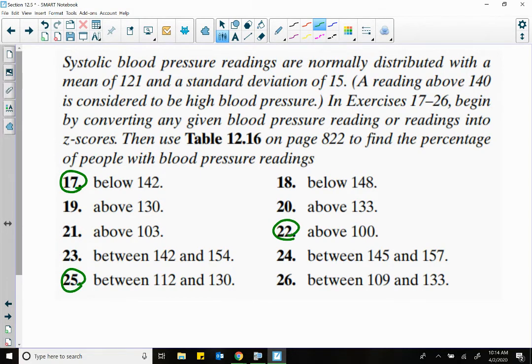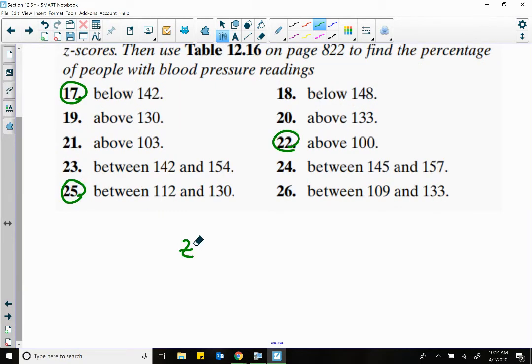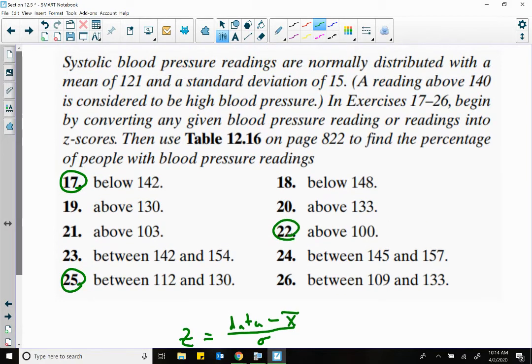Remember, we learned how to find z-scores in 12.4. To find a z-score, all you're going to do is take the data value minus the mean and divide it by the standard deviation. Okay? Go ahead, pause the video, give these 3 a shot.